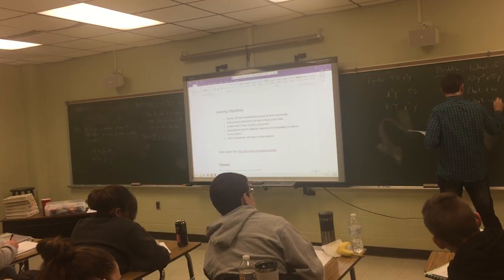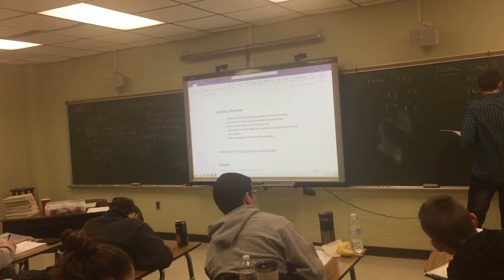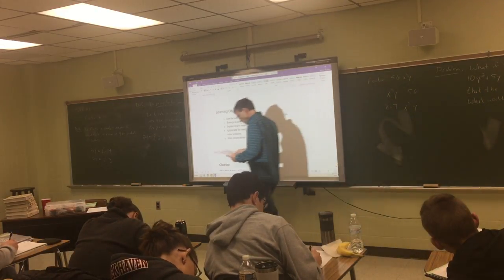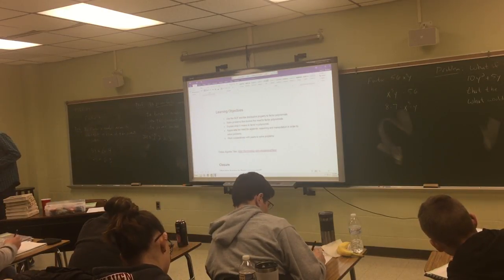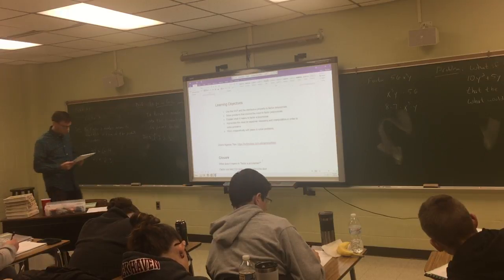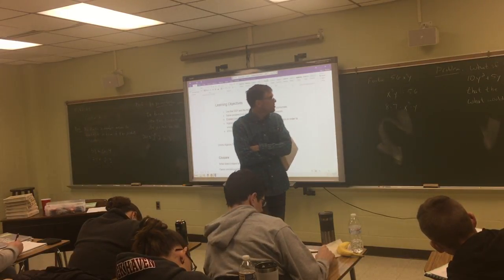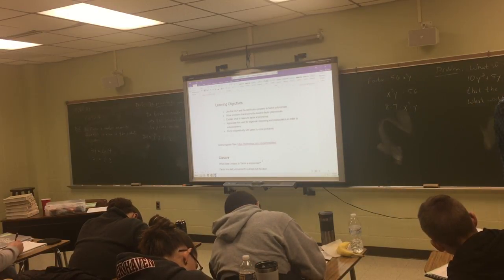What would the width be? Go ahead and solve that. If we knew the area was 10y squared plus 5y, and we knew the length is 5y, what would the width be?